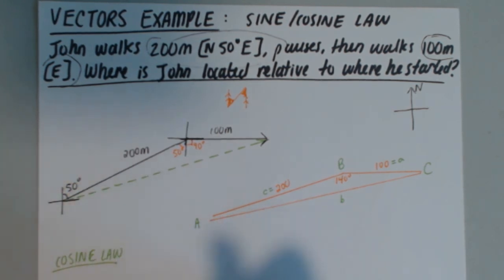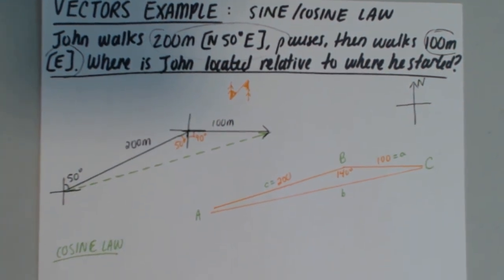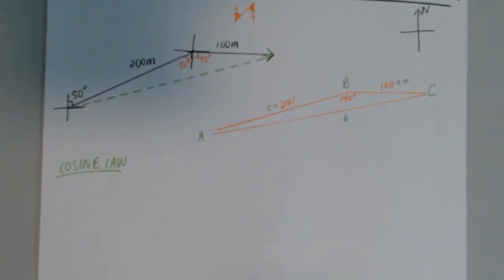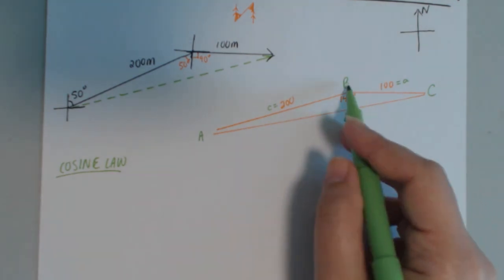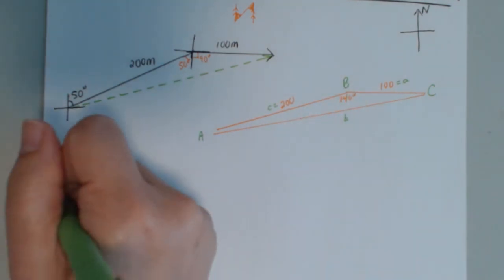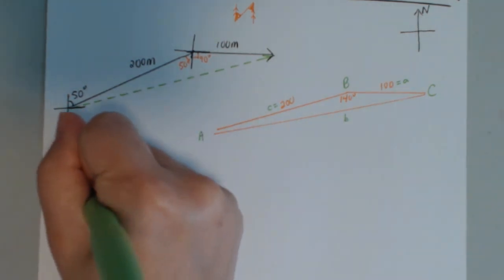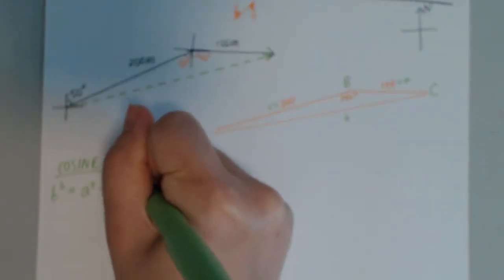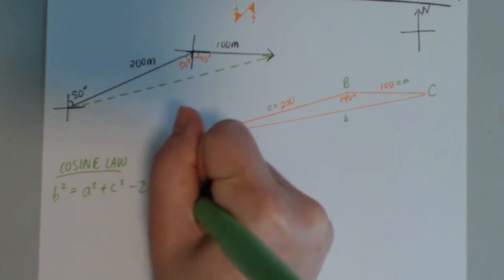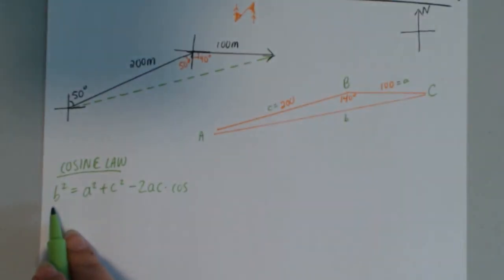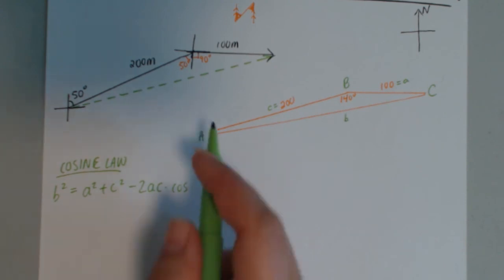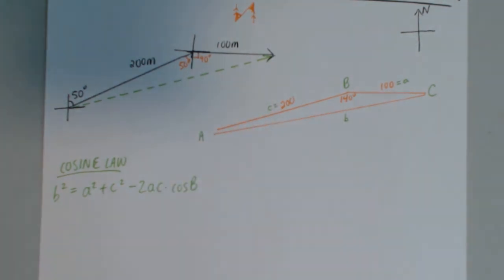If you need a refresher on cosine law, please do review it before looking at this problem. All right, so cosine law, based on this, I know that I need a certain formula. Since I'm looking for b, it's going to be b squared is equal to a squared plus c squared minus 2ac times the cosine, and whatever side you put here, you put the respective opposite angle here, cosine of capital B. That's why I need the other two sides and the angle.